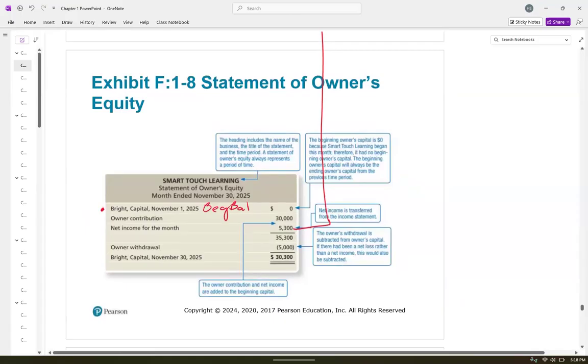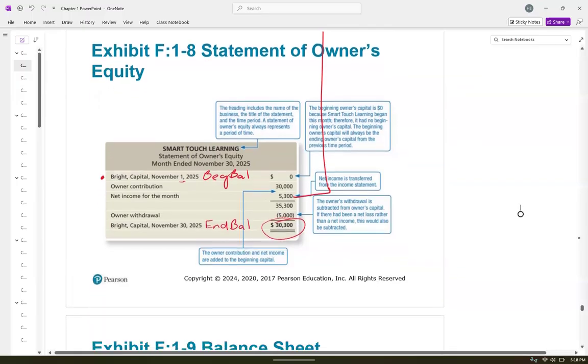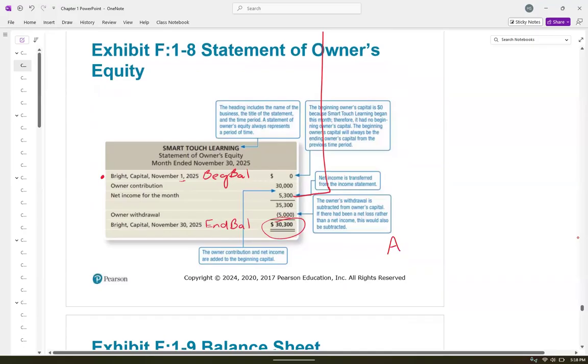Then the owner took out $5,000. That was that last transaction. So her ending capital is set. November 1st was the beginning, and November 30th was the ending balance of 30,300. Okay, so I'm going to write out my accounting equation one more time.